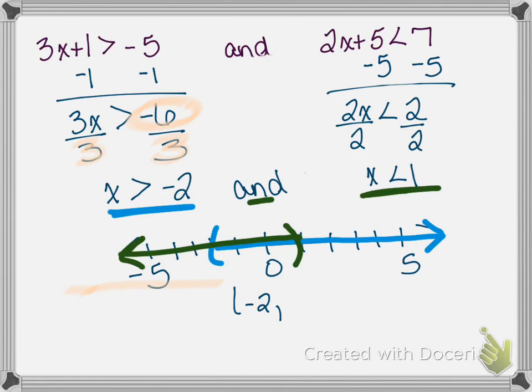That's why negative 2 comes first. Then I keep going, and when do I stop having both? At positive 1. Then I go the rest of the way to infinity, but I don't have anything that covers both. So that's why my negative 2 comes first, because I come to it first on the number line.